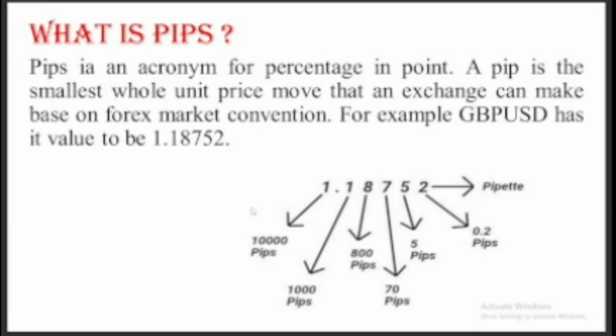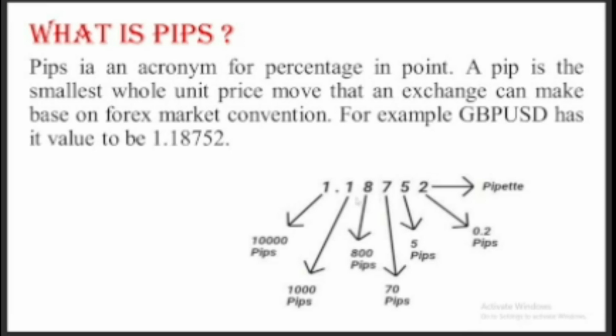So if you look at this value of the pound against the US dollar, if we are going to be getting £1, we need at least $1.18752 to get £1.